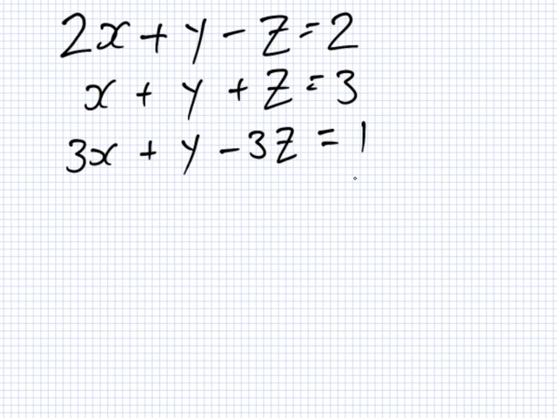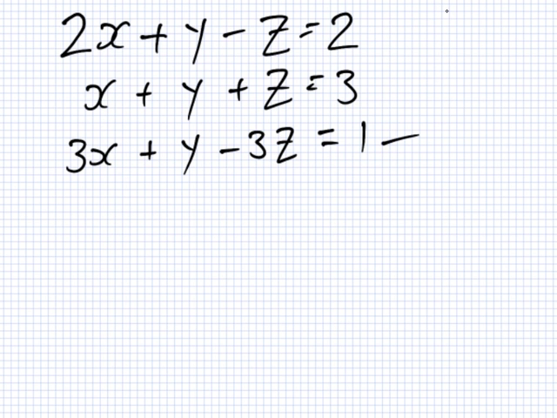You're allowed to swap any of the rows because it doesn't matter what the order is. It's the same problem if you swap them around. But that doesn't really help anything, usually, so we don't bother with that one. But you're allowed to do it.